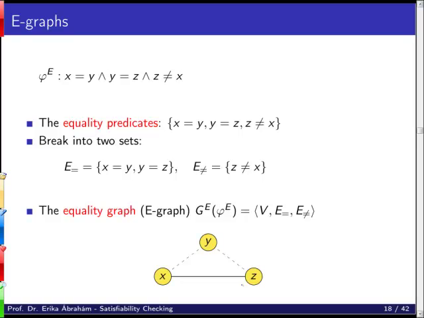Arbitrary many inequalities? If I have something like x1, x2, x3, x4, and I have here one equality, one disequality, one disequality, is it a conflict? No. So not arbitrary many, at least one, but exactly one.